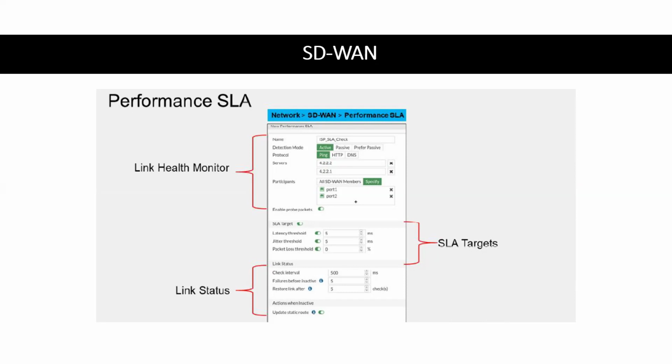We have business critical data going out of maybe our faster pipe and maybe non-business critical traffic going out of the slower pipe. So with the performance SLA, you're going to learn how to configure the SLA targets, the link monitor, the link health monitor and the link status. Okay, so let's take a look at it.